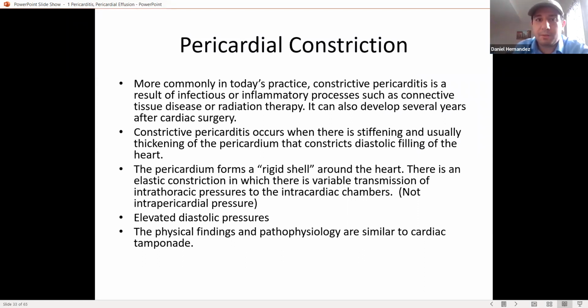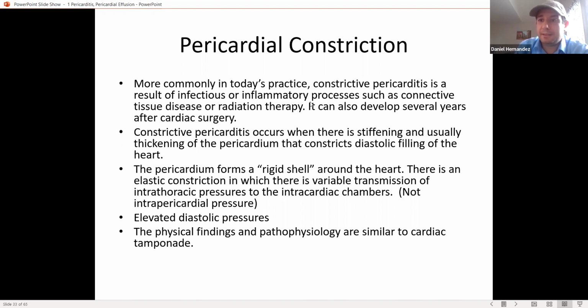All right, so now we're going to talk about pericardial constriction or constrictive pericarditis. More commonly in today's practice, constrictive pericarditis is the result of infectious or inflammatory processes, such as connective tissue diseases. So that could be, again, amyloidosis, sarcoidosis, infectious, either bacterial or viral infections.